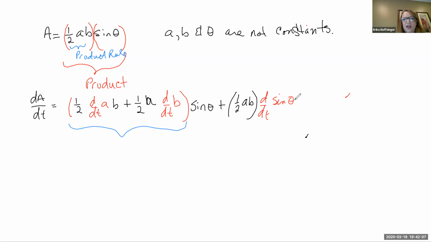Okay, so I haven't even gone in and taken the derivative yet, except for the left. So the derivative of A with respect to T is equal to 1/2. Well, the derivative of A is 1 dA dt. So I'm going to keep B there. And then for this piece right here, that was just 1 dA dt.